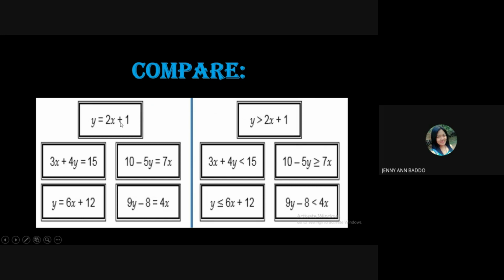If we call these mathematical expressions with equal sign linear equations, can we call these mathematical expressions with inequalities instead of equal sign?